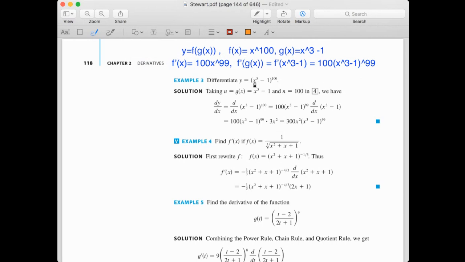So look at this function as a composition of functions f and g. And f raises the input to the 100th power. So maybe I should write one more step. That's why we say y equals f of g of x, as x cubed minus 1 raised to the 100th power.